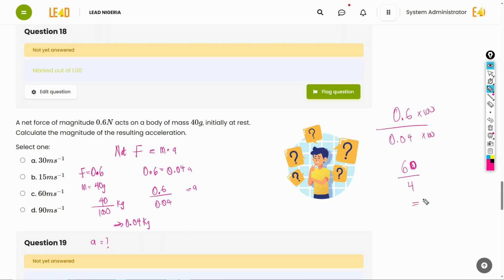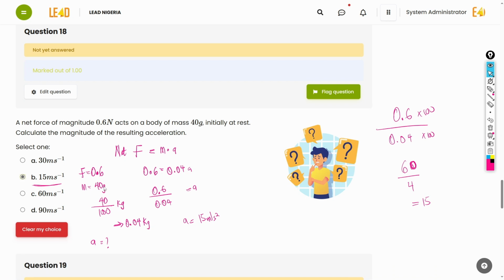So that's 15. My acceleration a is 15 meters per second squared. Sorry, the unit of acceleration is meters per second squared, so I'll change that. So we just used the regular formula, but we had to change the mass to kilograms by dividing by 1,000.